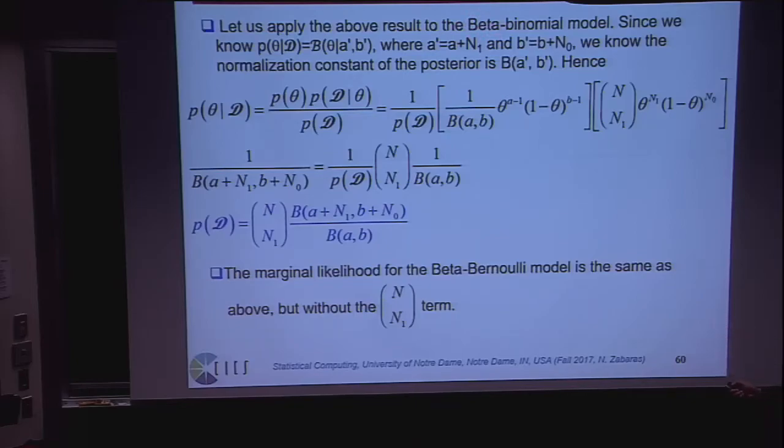So let's substitute. Will you agree with me this is the prior? This is the function I was referring to before, and this is the normalization for the beta distribution. What is this? This is the function I was referring to for the likelihood, and what is n combinatorial n1? That's the coefficient, the normalization term that I was referring to before. Yes? Because I'm using a binomial model.